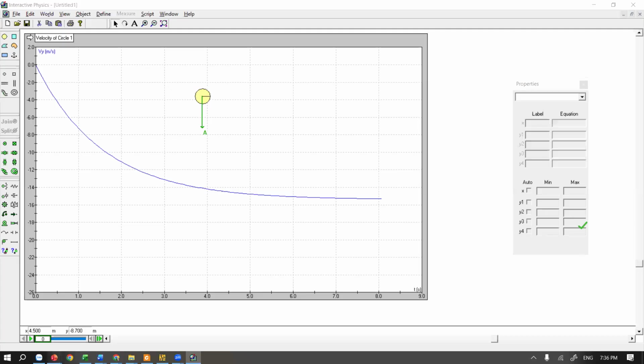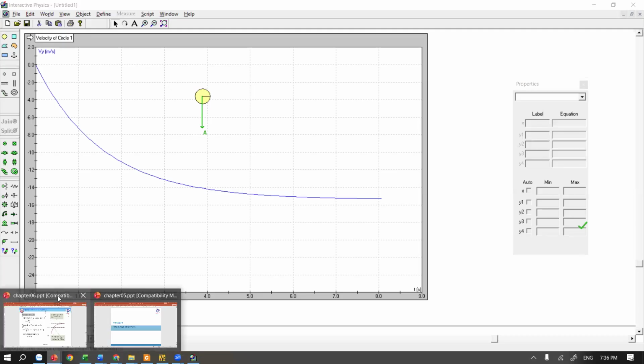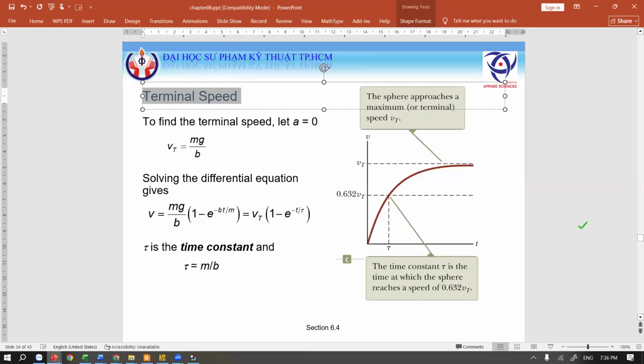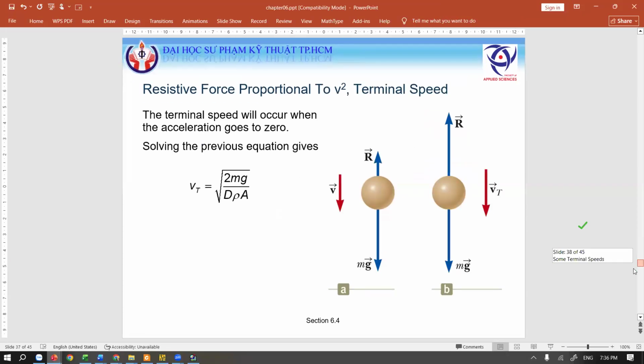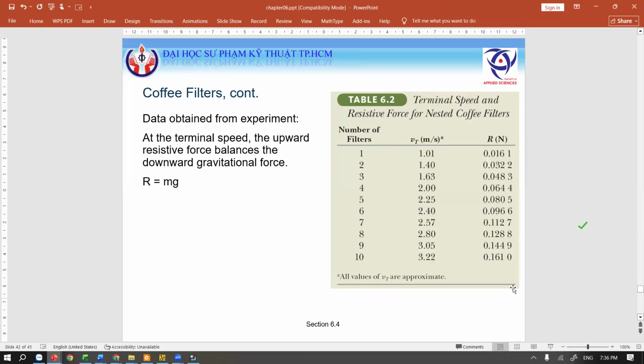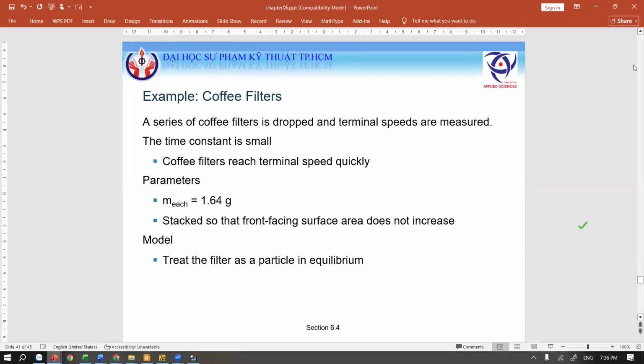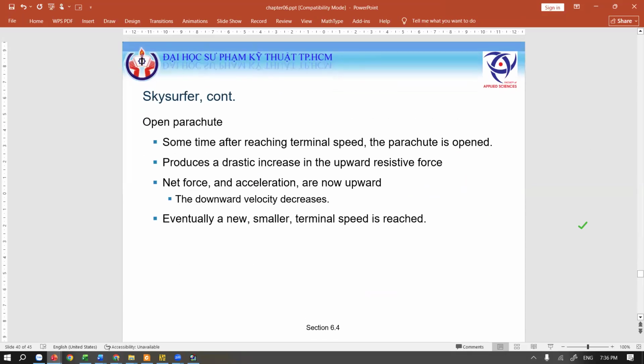Okay, so the rest of chapter 6 you can read at home and solve problems. Nothing special. In the book, you have an experiment with the coffee filter. You know what a coffee filter is, right?